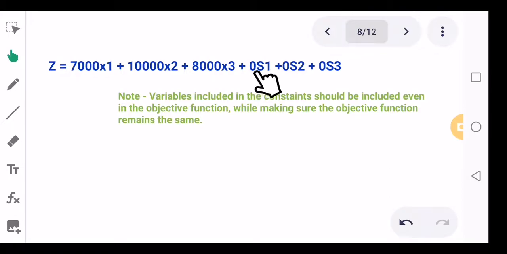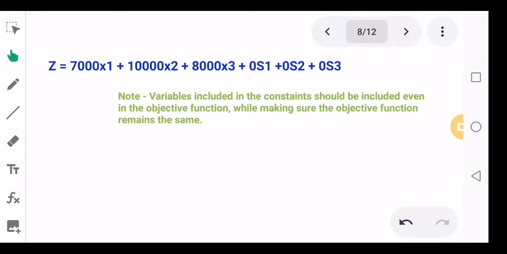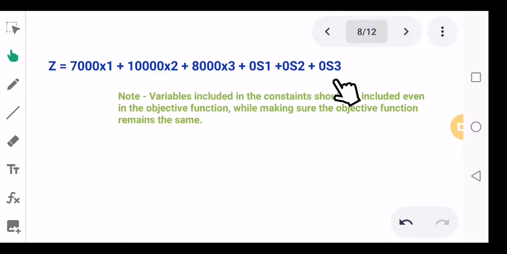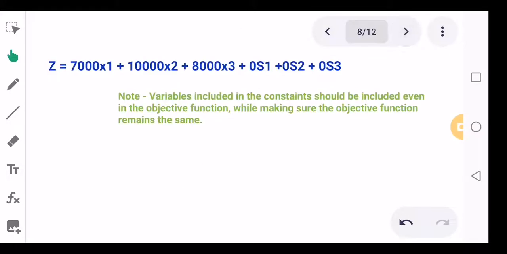We have just added these three. And why have we added these three when it is not actually needed? It is being added because all the variables present in the constraints should also be present over here, even in your objective function. Here x1, x2, x3 are there, but s1, s2, s3, which are present in your constraints, are not present in your objective function, and that is the only reason we are adding it.